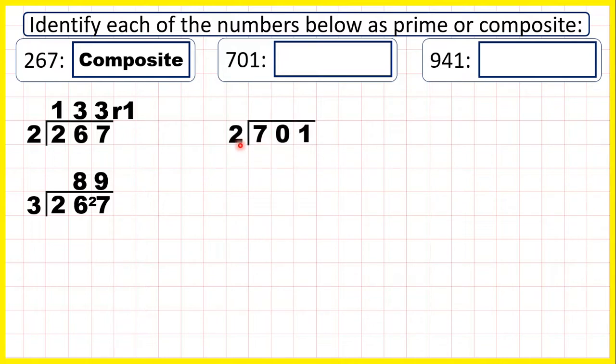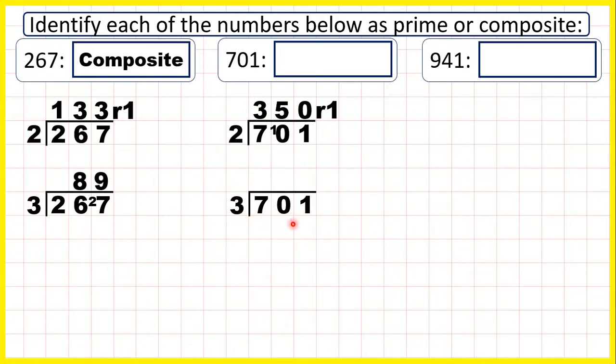So 701 divided by 2, we know that it's going to leave a remainder because 1 is an odd number. But just to check, we can do the short division and we get 350 remainder 1. So we've got a remainder, so we go to the next prime number, so to 3.